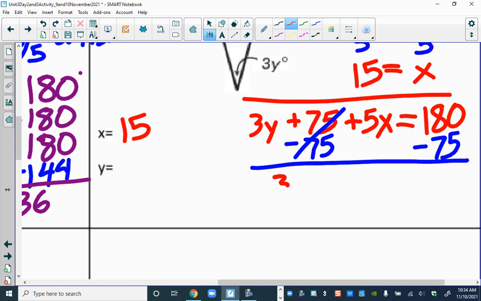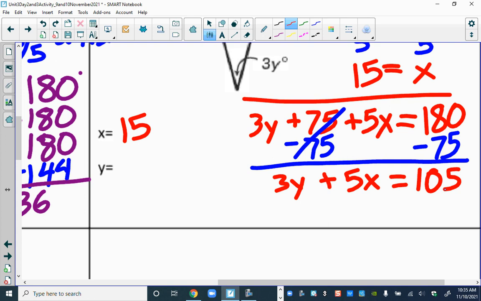So we have 3y plus 5x. What's 180 minus 75? 105. That's right, Andy. Good. At this moment, we're stuck. But we can get ourselves unstuck.